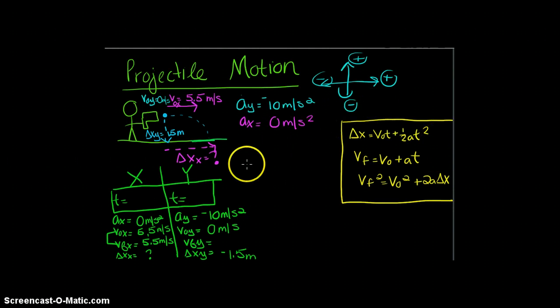And if we're able to find the time for one side of our t-chart, that time can go over to the other side of the t-chart and help us find any missing values there. So let's start with some type of y analysis. I have acceleration and v initial and delta x in the y. So I think I'd be able to find time if I use this first equation here. So I'm going to set this up.